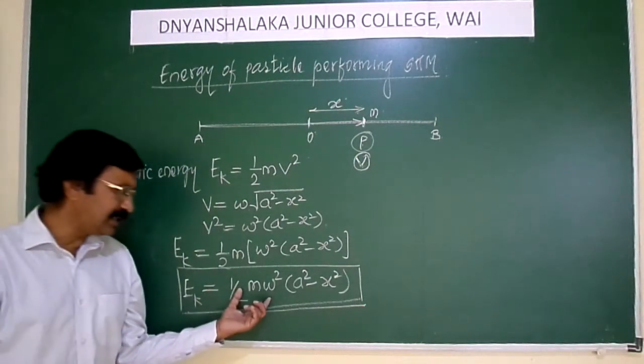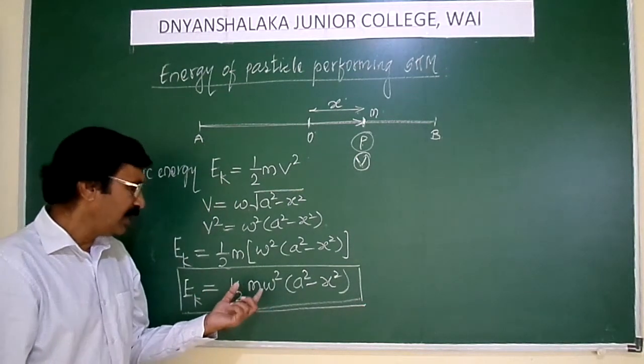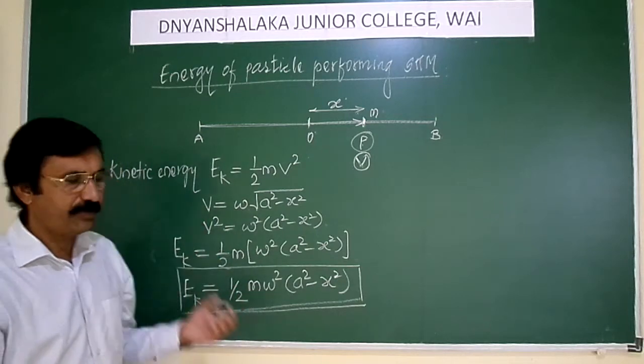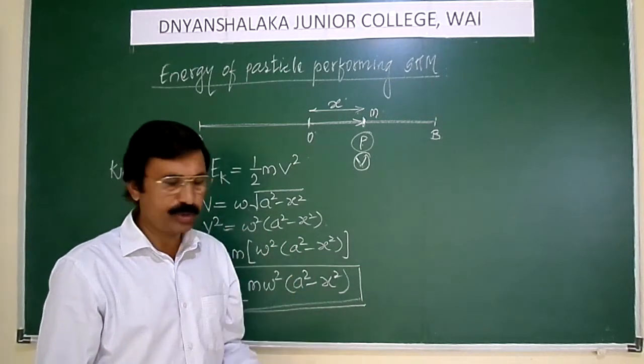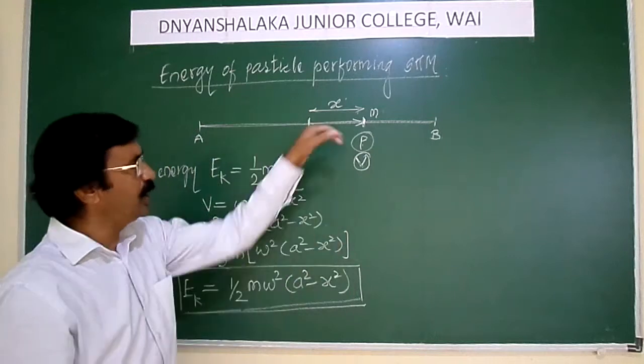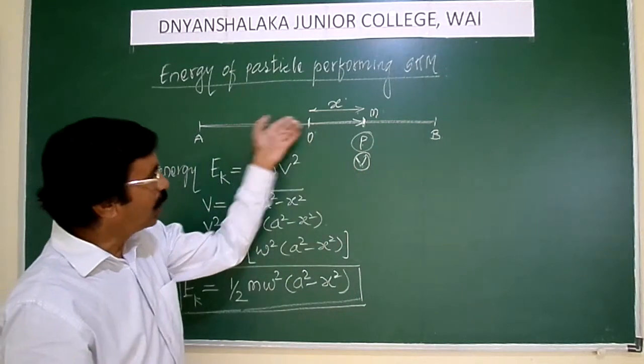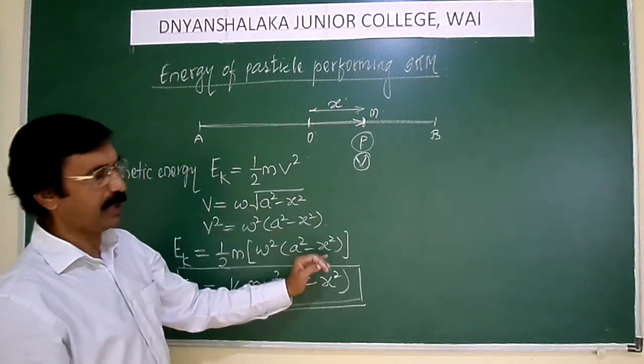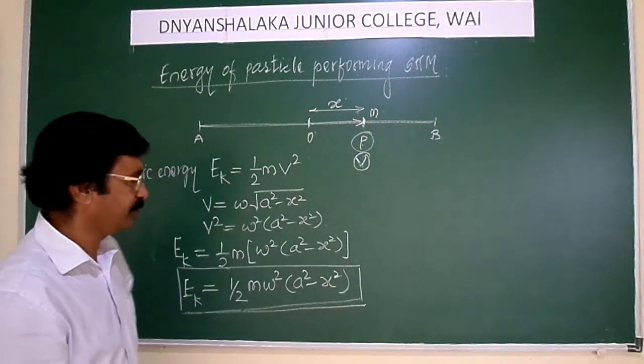So this is the expression for kinetic energy of a particle performing simple harmonic motion at any point P on the path AB, where the displacement of the particle is x.